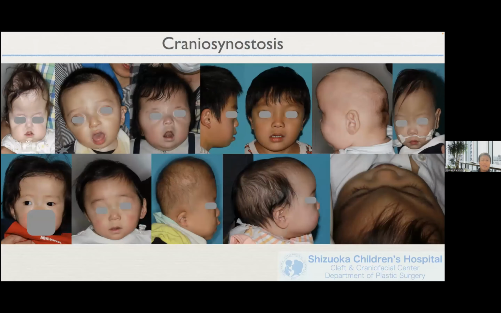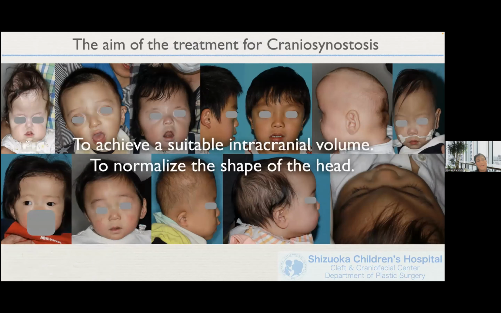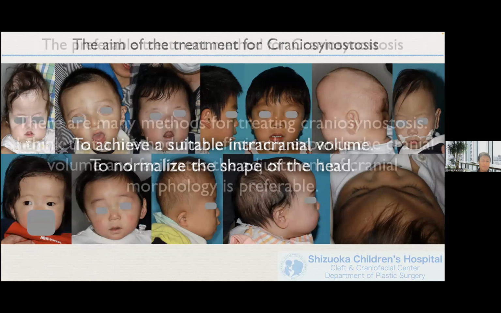Today, I'd like to talk about craniosynostosis and these children with craniosynostosis. Craniosynostosis is a condition in which abnormal fusion of the sutures results in different skull shapes and sometimes decreased intracranial volume and increased intracranial pressure. The aim of treatment is to achieve a suitable intracranial volume and to normalize the shape of the head.